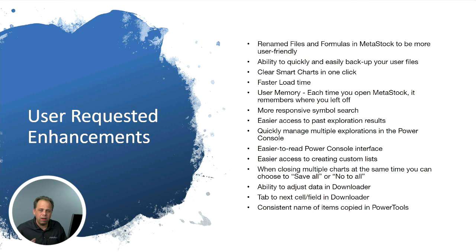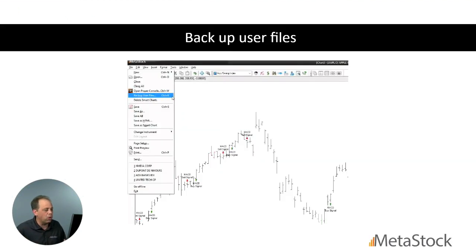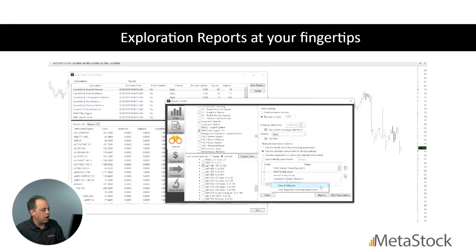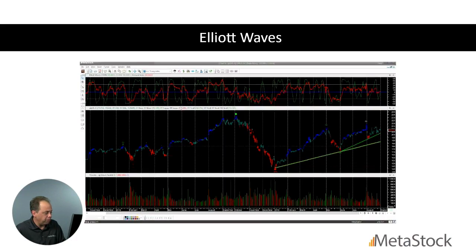They also made the downloader capable of easily adjusting data, and they made that a lot easier. And that's what these 2 last things are. They also increased the consistency of copying an item in the Power Console. So those are all things people asked for that we just added into the program. So there's backup user file. We already talked about all of these ones.